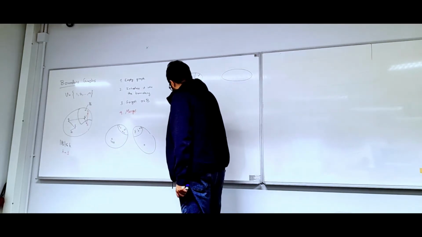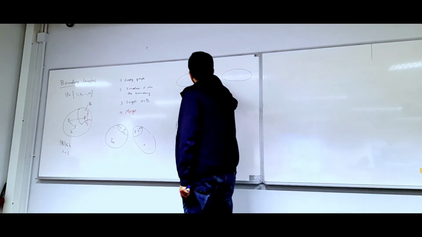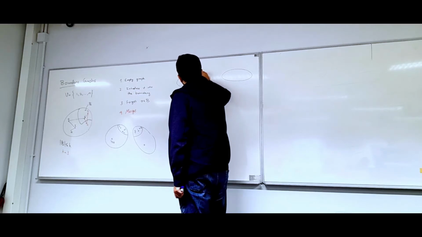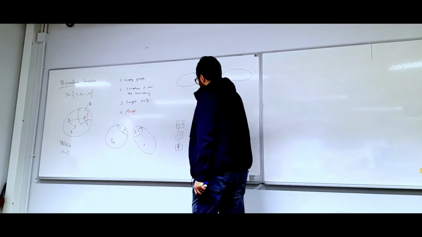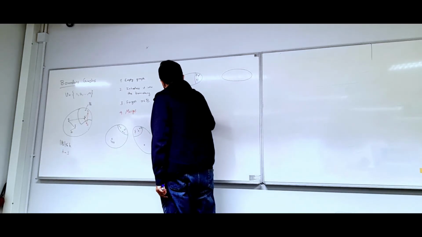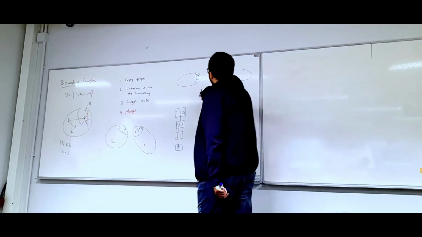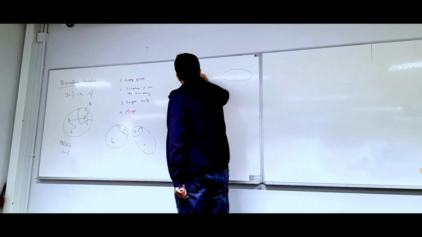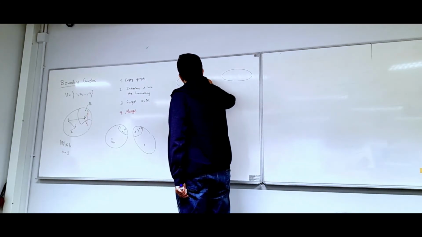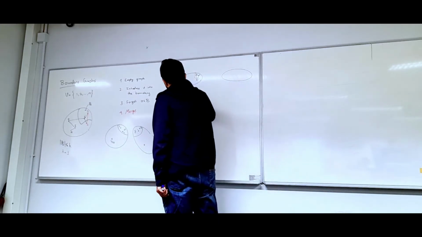Here I will just get a bag that is 2 and 1. And let's say I add vertex 3 and I connect it to both 1 and 2. So here I will have a bag that has 1, 2, 3. Now let's say I forget vertex 1. So 1 is out of my boundary now. So I just get 2, 3.